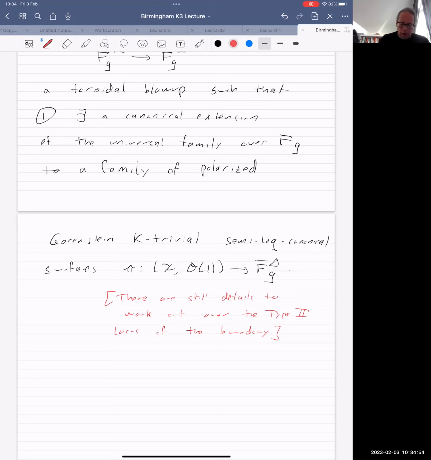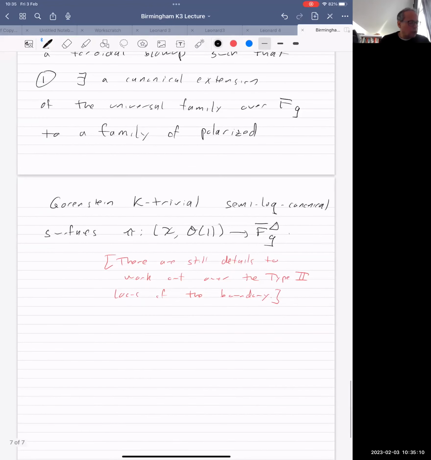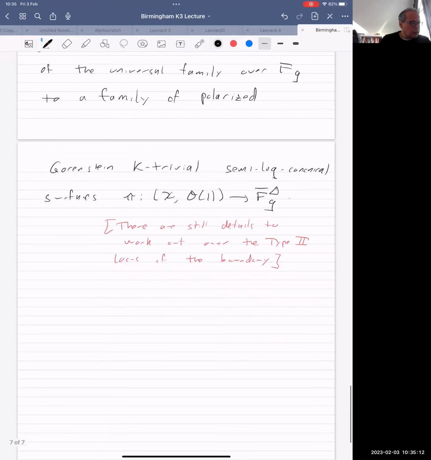There's quite a lot written in this manuscript about this case, but I haven't yet had a chance to go through it and really vouch for it. I think there were quite a few details that still need to be filled in. So view this as a statement of work in progress and what we hope to do. But it's certainly solid over the type 3 locus. And this is one reason why I put the word partial compactifications in parentheses in the title of the talk.